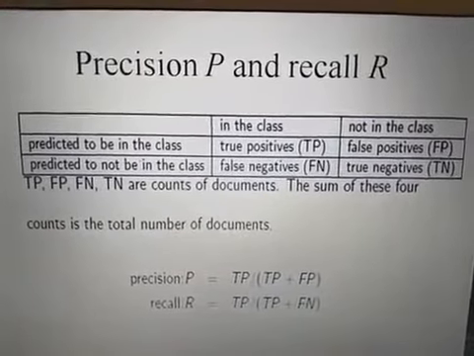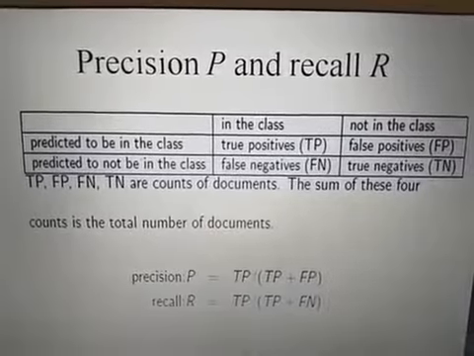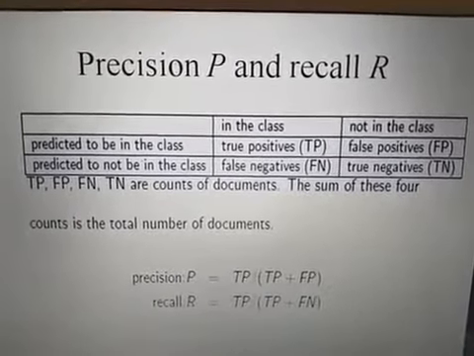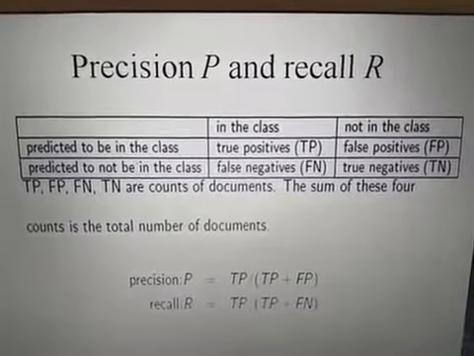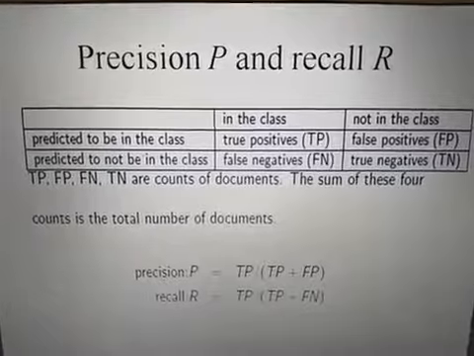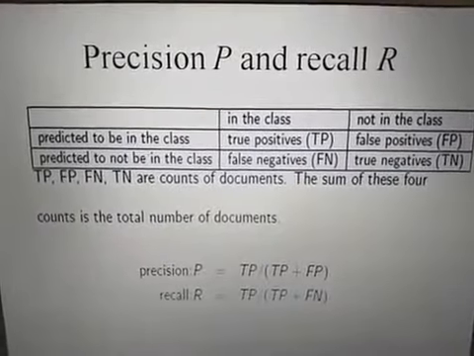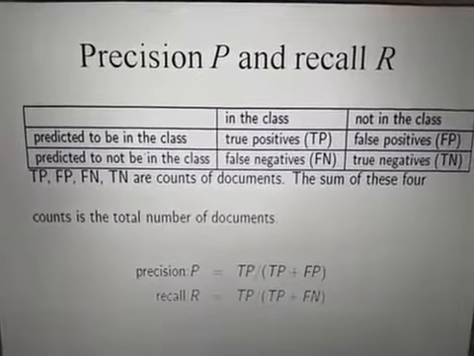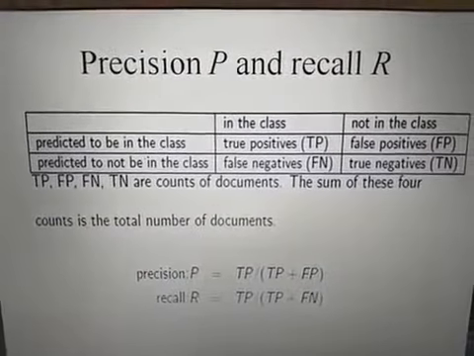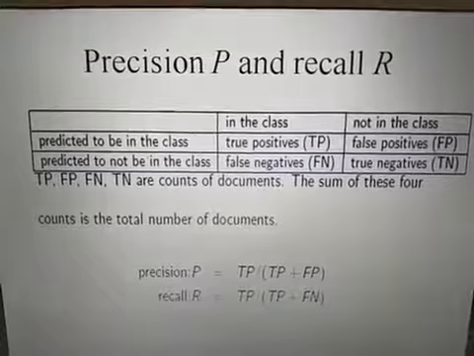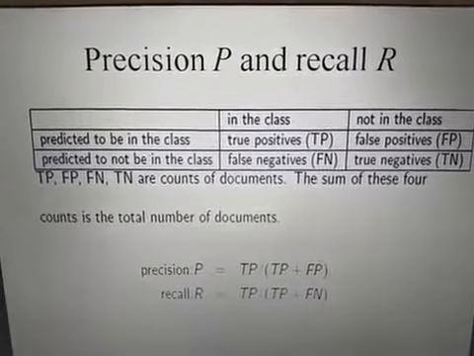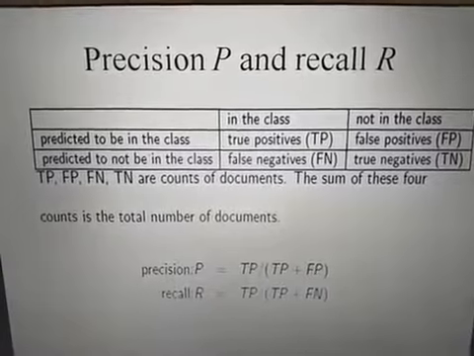If it is predicted to be in the class but is not actually in the class, then it is a false positive, because it does not exactly belong to that class. If it is predicted not to be in the class but actually belongs to the class, then it is a false negative.